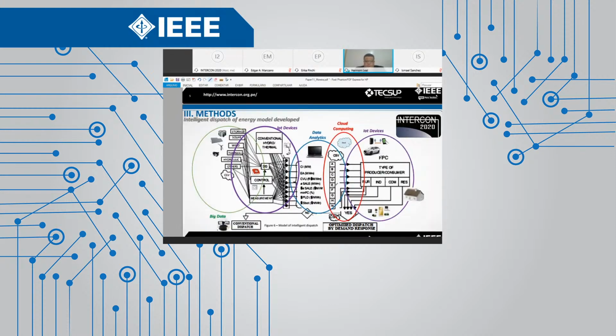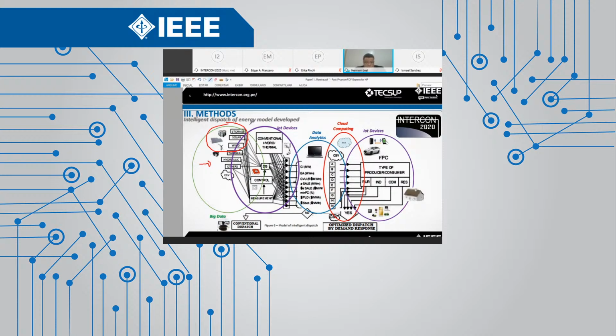Well, this figure presents the intelligent dispatch of energy model developed by us. First, we have renewable energies, right, and storage systems, and we have conventional energy resources.